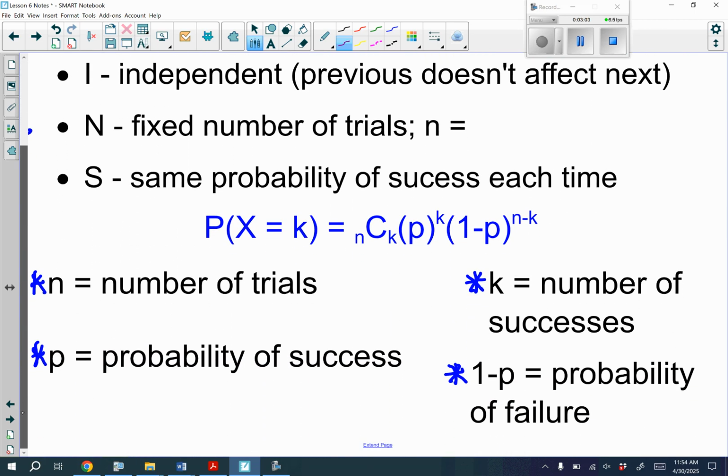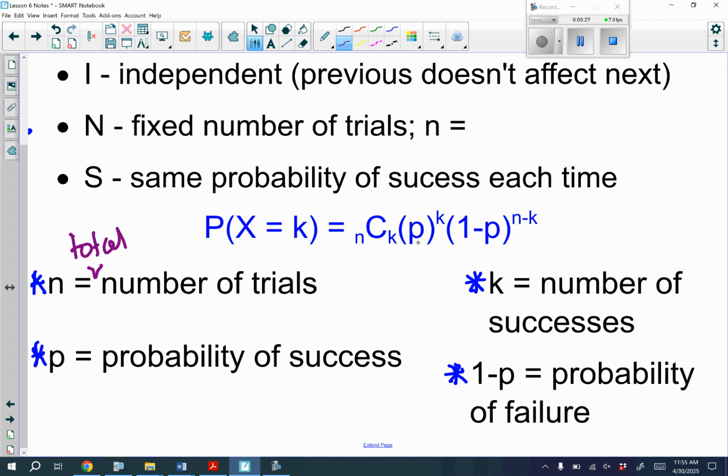Now let's talk about what each of these variables represents. So remember, N is the total number of trials. I'm going to put input here, total. So total number of trials, okay? So like in the last example, 5 would be our total number of trials because we had 5 penalty kicks. P is the probability of success.